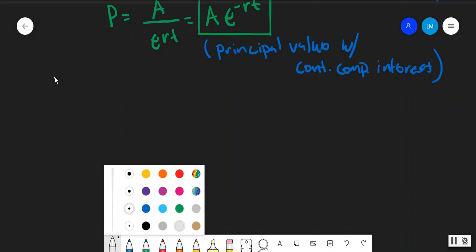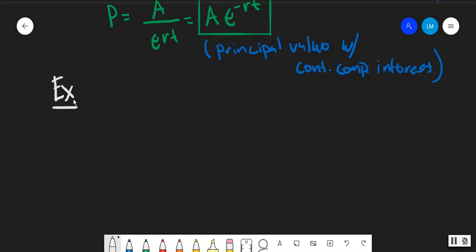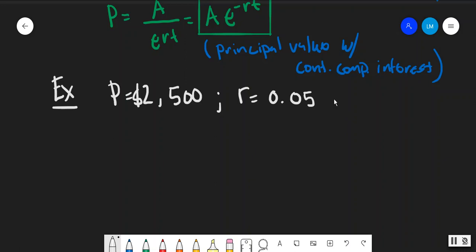For example, if P is equal to 2500, R is equal to 0.05, and T is equal to 4 years, we can find what A is.